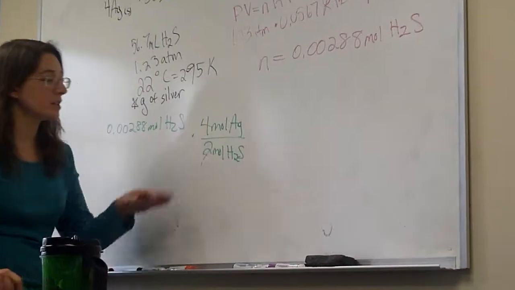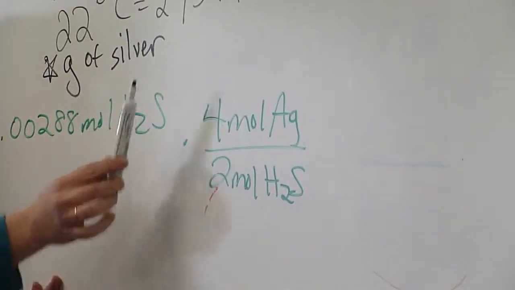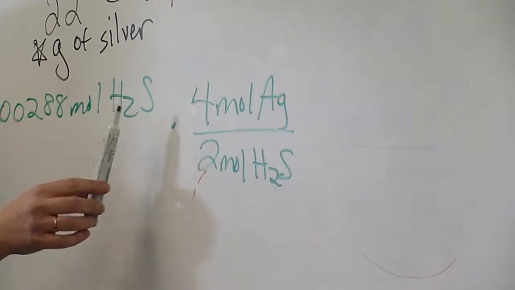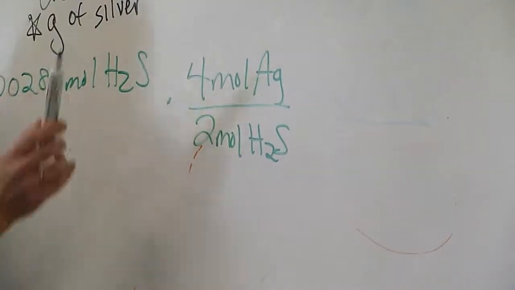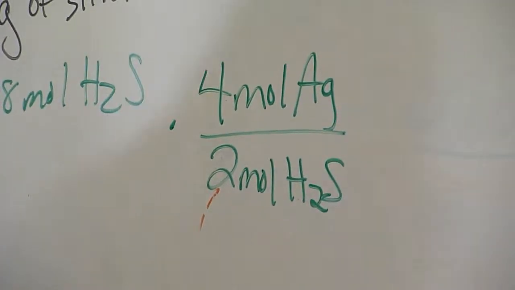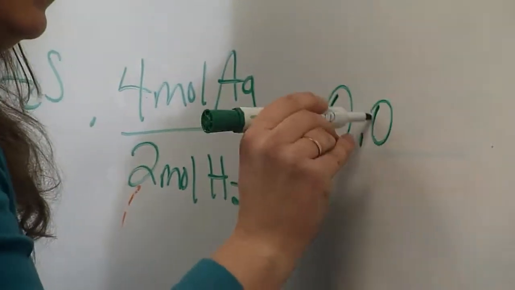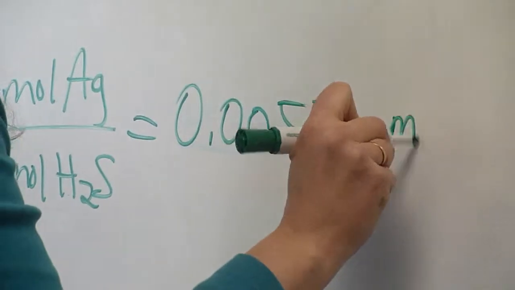Okay, so he's using stoichiometry from the balanced equation. He wants to convert from moles of hydrogen sulfide. Cancel those out because there are 2 of them, 2 moles of silver, 4 of them. So then, what do you find? 0.00576. And that's moles of silver.